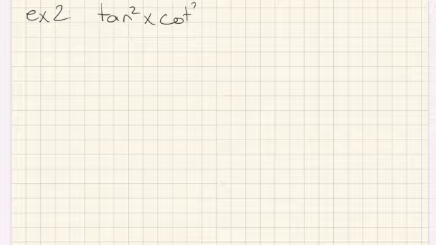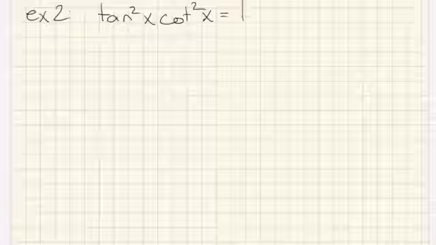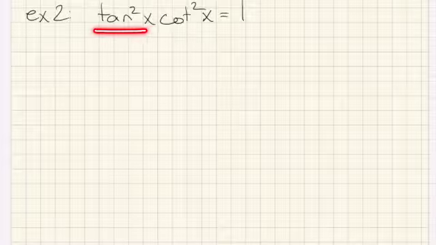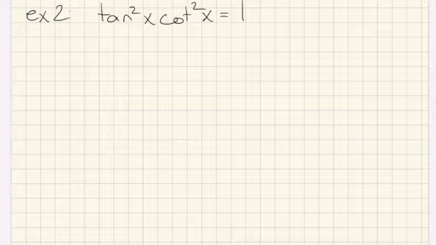tangent squared of x times cotangent squared of x is equal to 1. Now, once again, we will be focusing on the left-hand side versus the right-hand side, but we have the left-hand side, which is far more complicated and can be simplified.